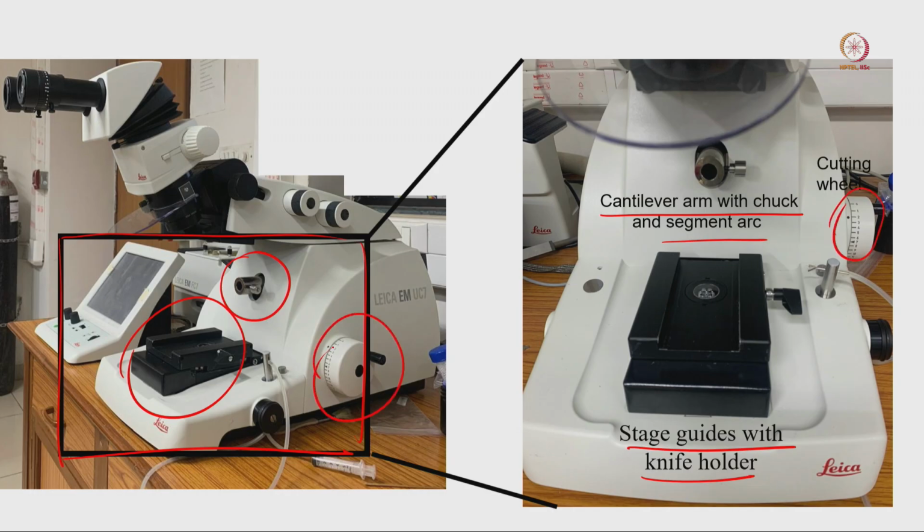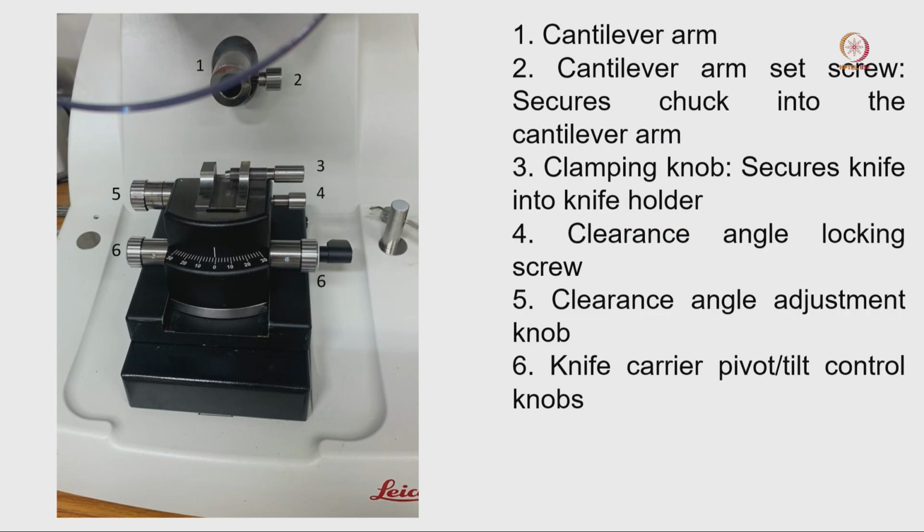This is the same cutting wheel, which will rotate in one particular direction, and your sample will just go up and down to give you small pieces of the sample.